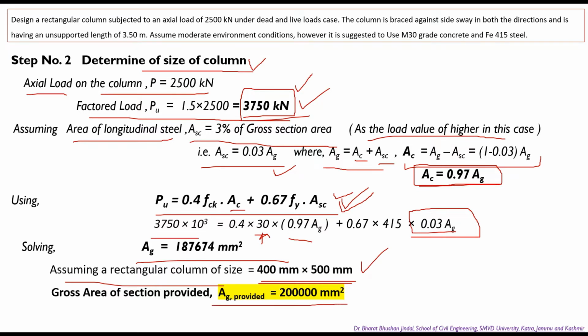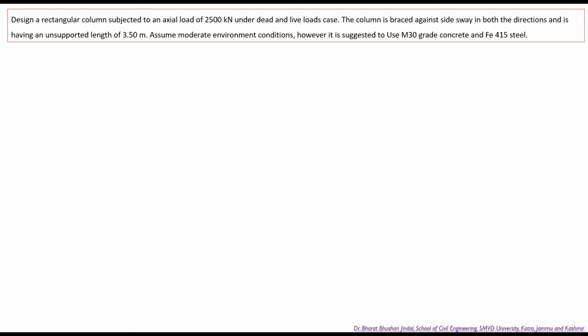This is the gross area which is available. So ultimately we have provided a gross area of 2 lakh millimeter square, which is greater than what was required. So the section chosen is okay, and we can proceed with the next step.